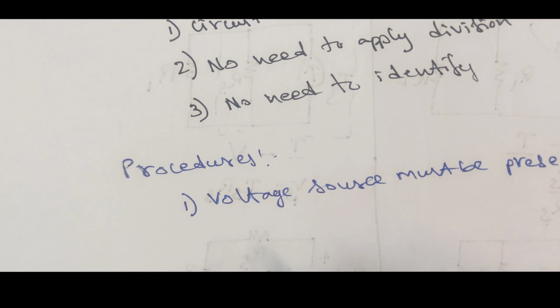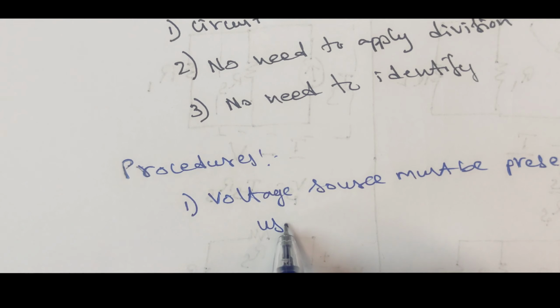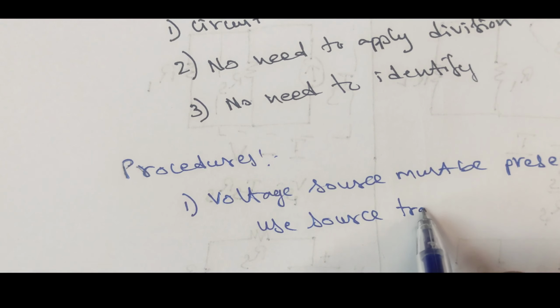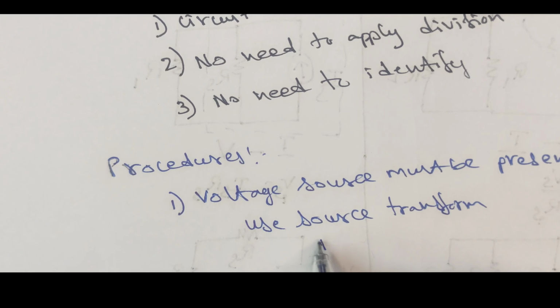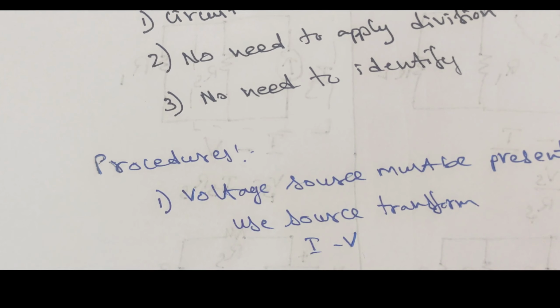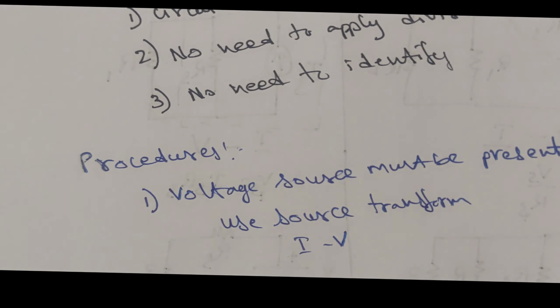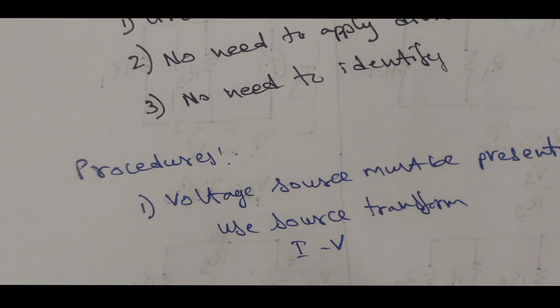If you have a current source, use source transformation to convert the current source to a voltage source. You need to do that while applying mesh analysis.